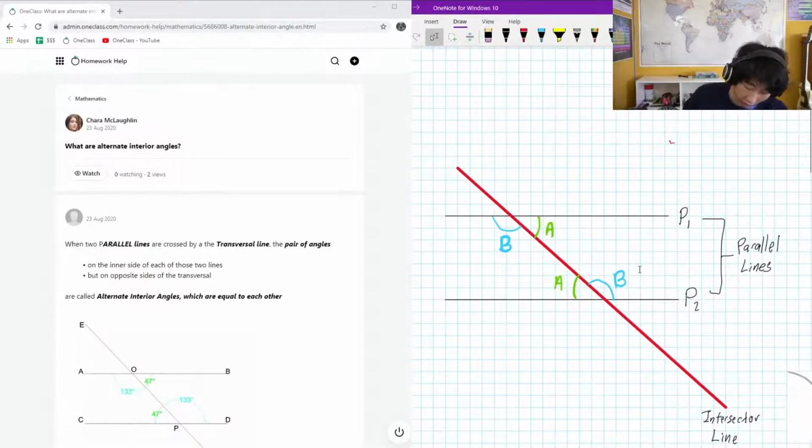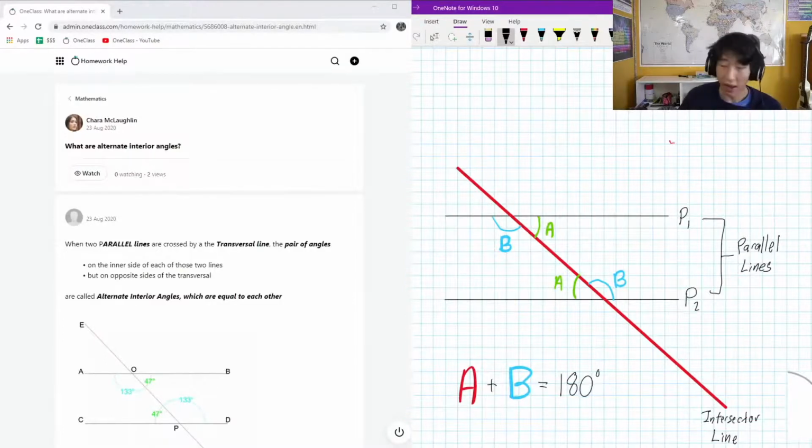And another fundamental law to keep in mind is that the angle A plus B has to be equal to 180 degrees. And that is very important to keep in mind. A lot of situations that have parallel lines will require you to keep this fact in mind to help you progress through the question.